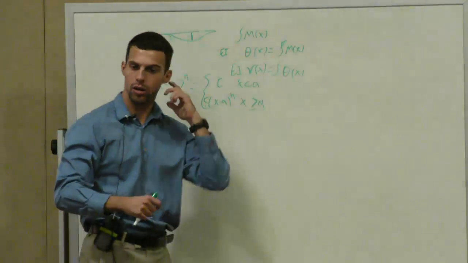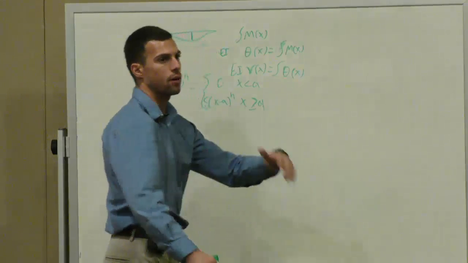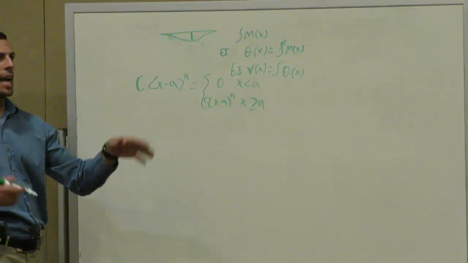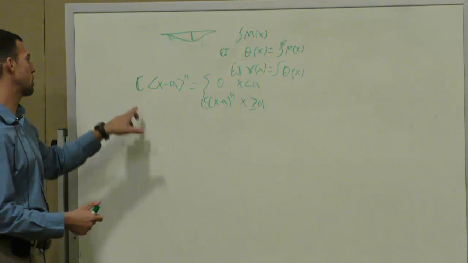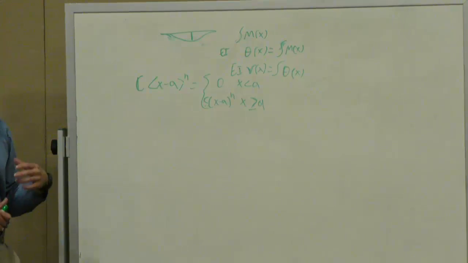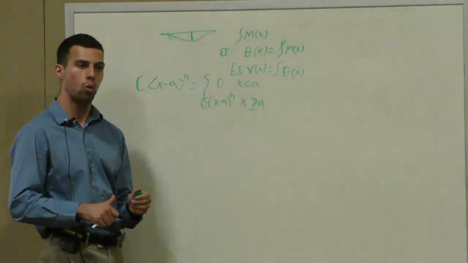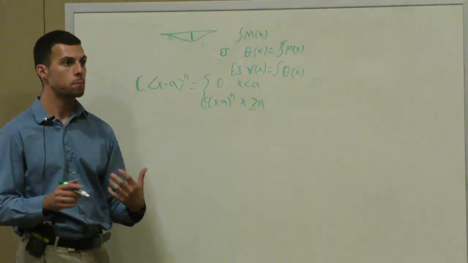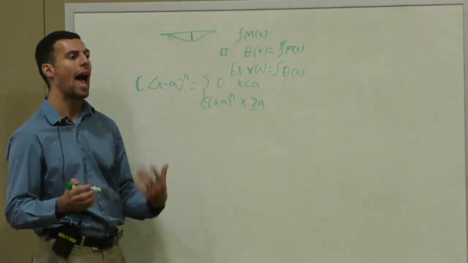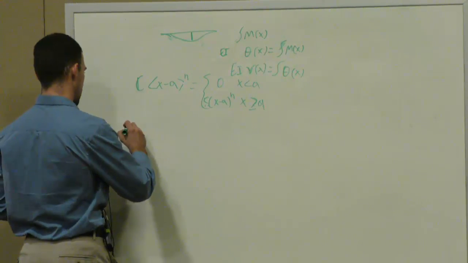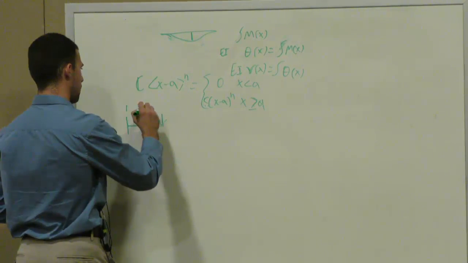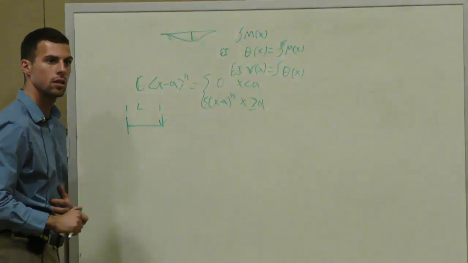I don't want to go through all of them right now, but the different types of loads establish your C and your N. Your a is your location from the origin where this load happens.